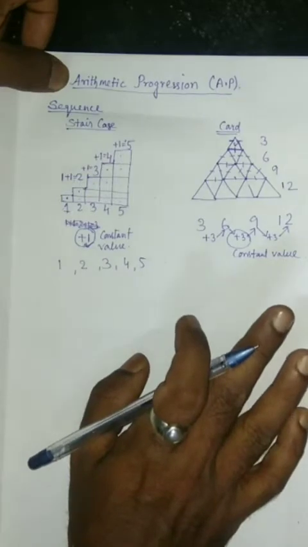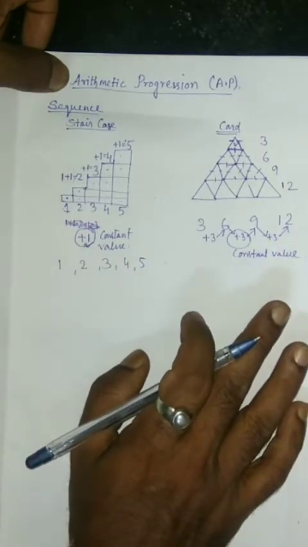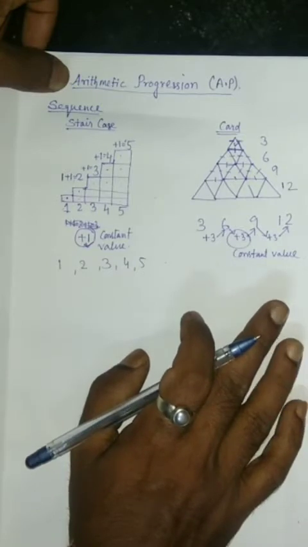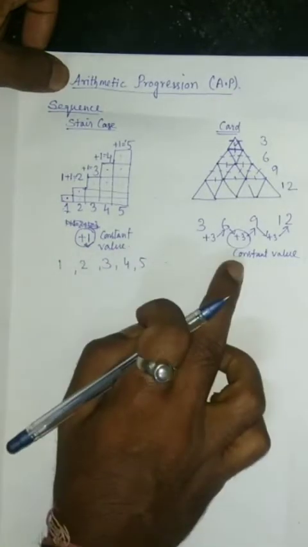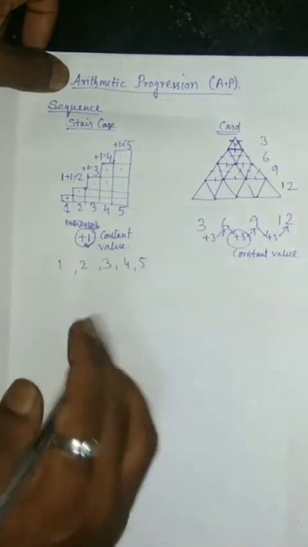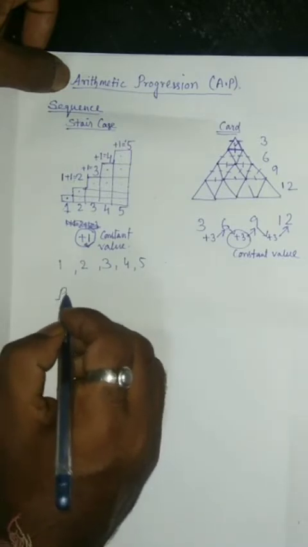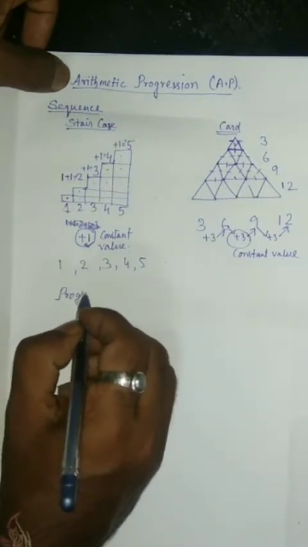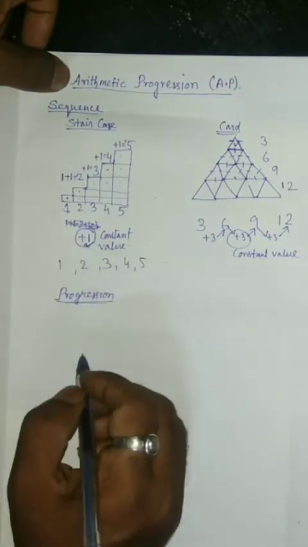And if we do not get any particular pattern, then this is not a sequence. So whenever our pattern follows, it is also called progression. Progression follows a particular pattern. Our next term is progression.